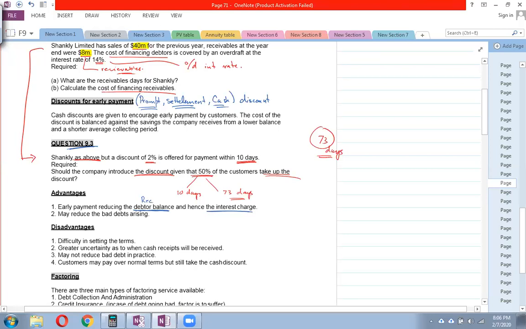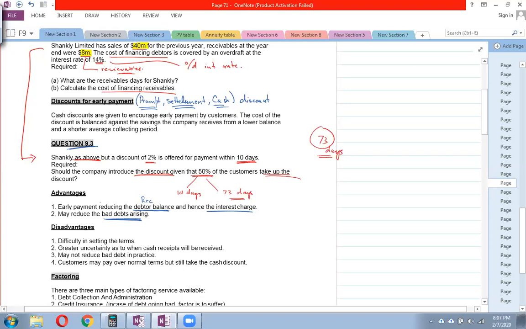It may also reduce bad debts, because if you tell your customer, for example, instead of paying in 70 days, pay in 10 days, the customer has the money now and can pay you within 10 days. But after, let's say, 60 or 70 days, the customer may not have any money, so the customer may never pay you back. So you better get your money quickly from your customers. So it may reduce your bad debts.